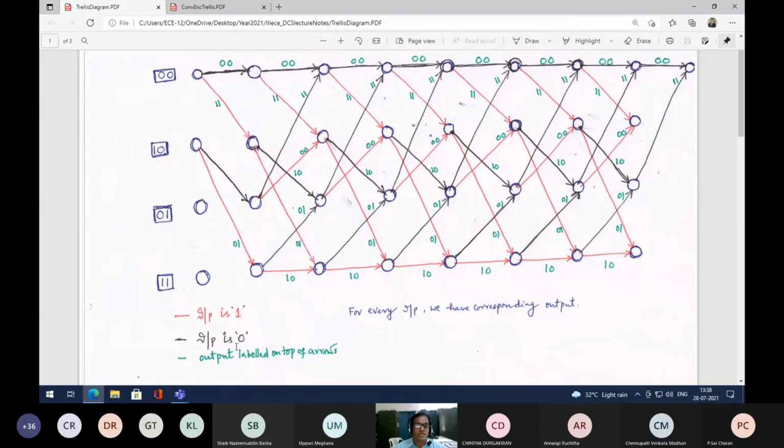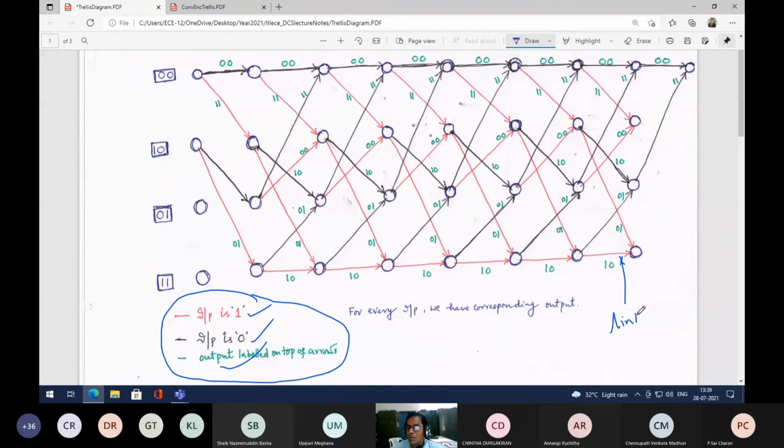Please see that at the bottom I have given you the corresponding legend. For input 1 we are using red, for input 0 we are using black, and the outputs are labeled on top of each branch. We can call each one a link or branch.